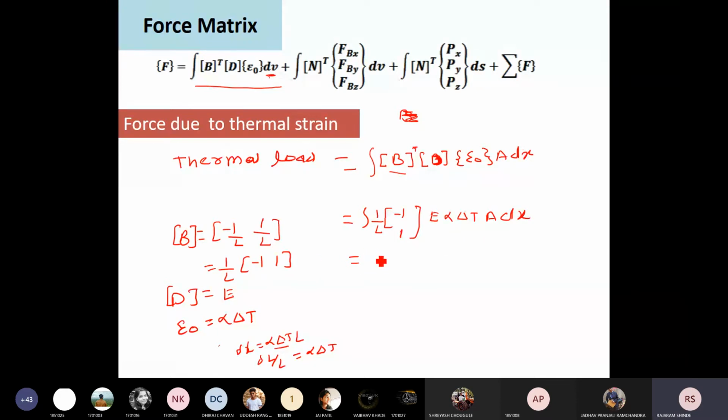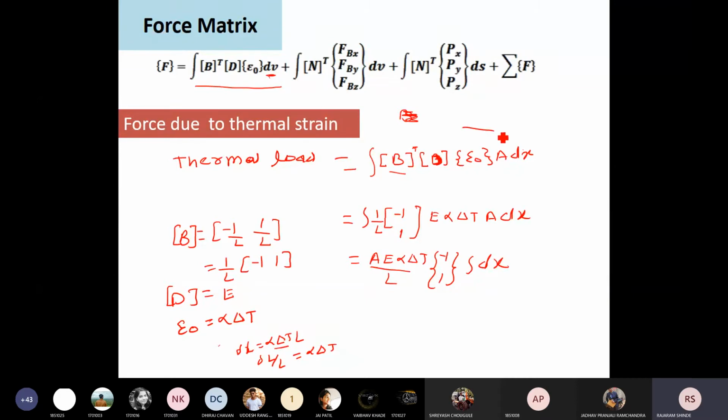So I will take A E alpha delta T by L into minus 1 1 outside, and the integration of dx.